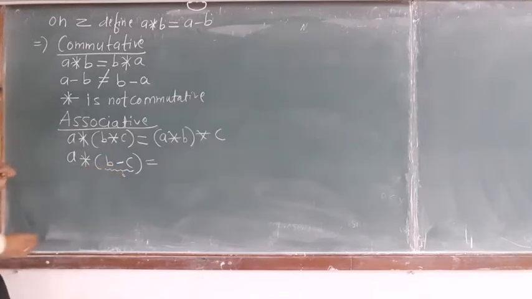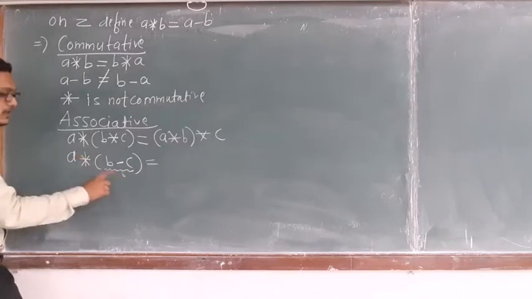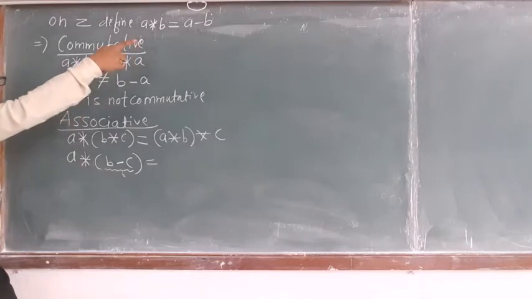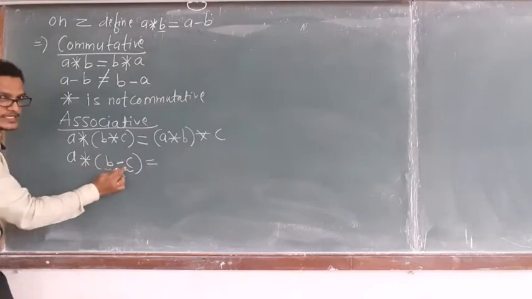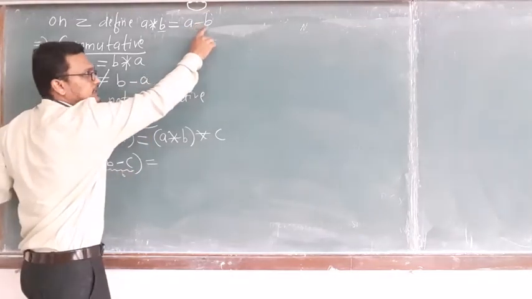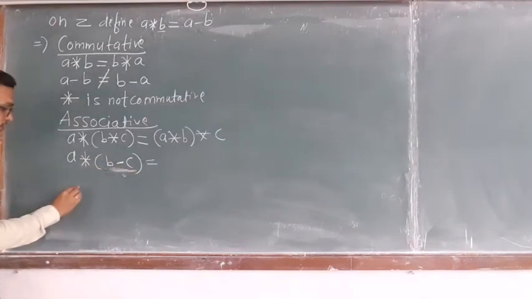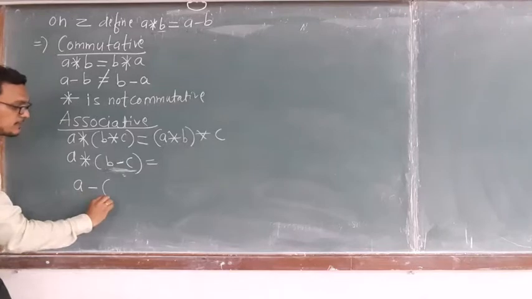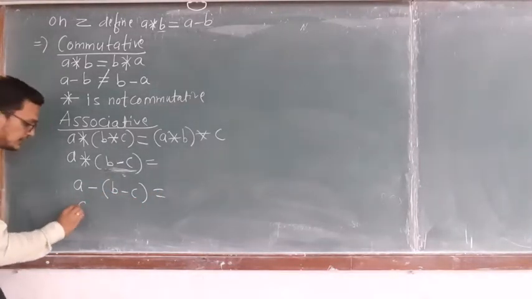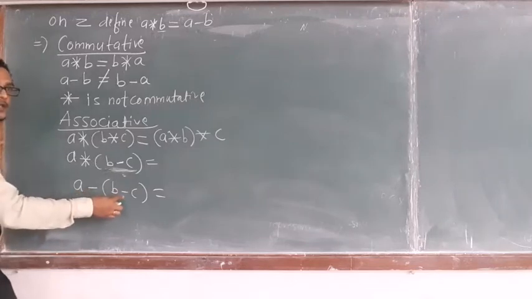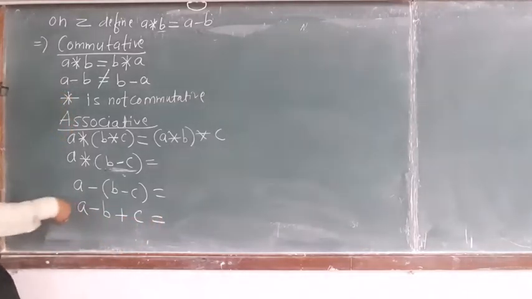The definition is a star b is a minus b, but in the place of b we have b minus c. So we substitute the second value: a minus (b minus c), which is a minus b plus c, since minus into minus is plus. So this is the LHS answer.